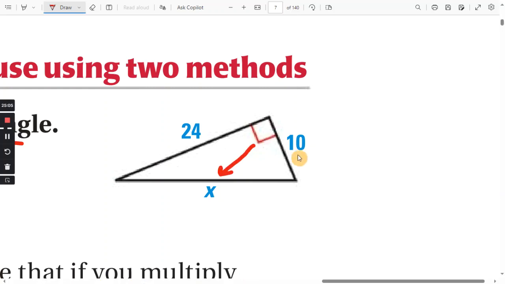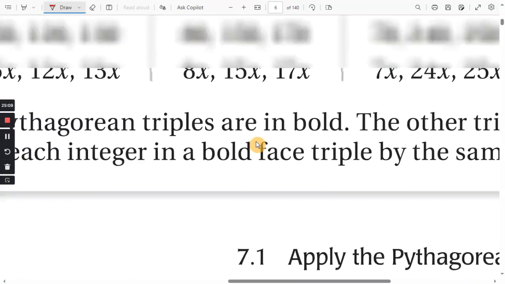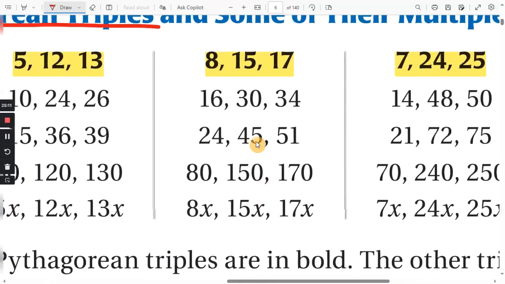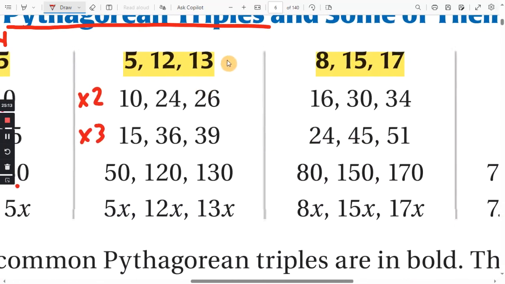Let's see if we have multiples of 10 and 24. Well, if you look at the original 5, 12, 13, you got a 10, 24, 26 right here. So how do you get from this to this? Well, you start with 5, 12, 13, and you do times 2. So let's do that.